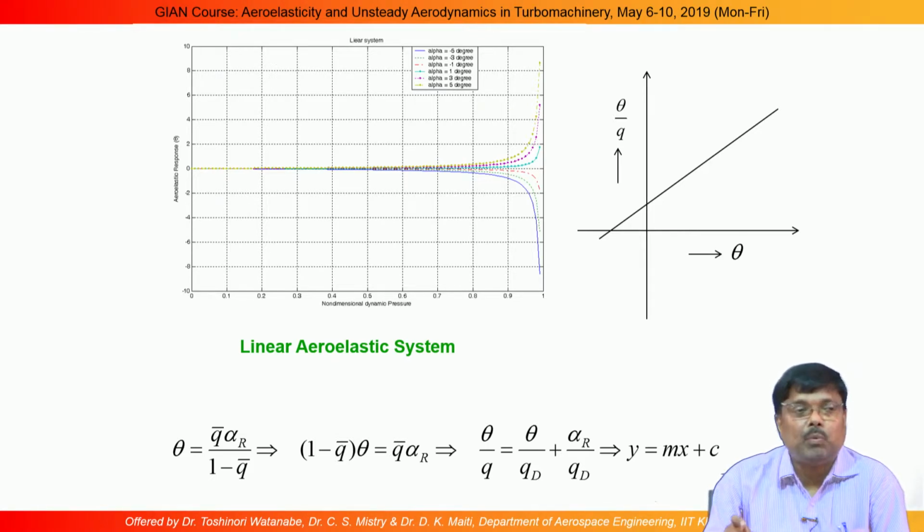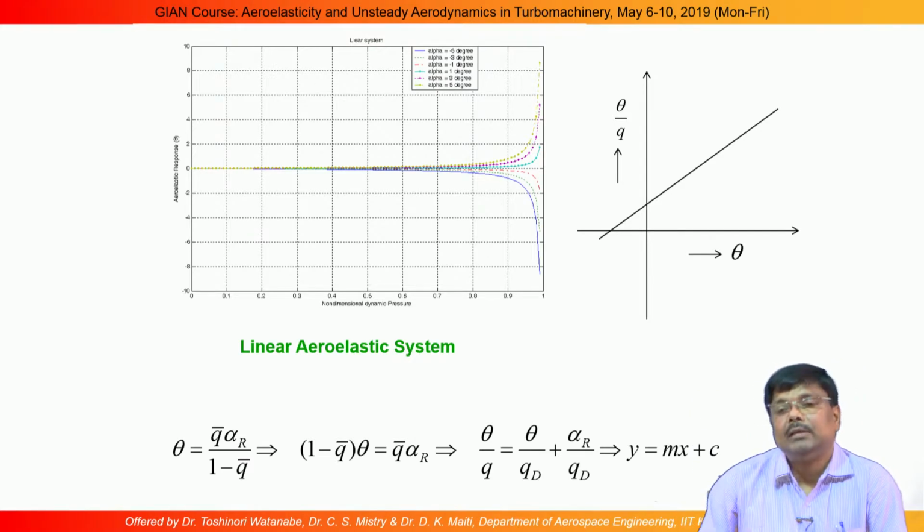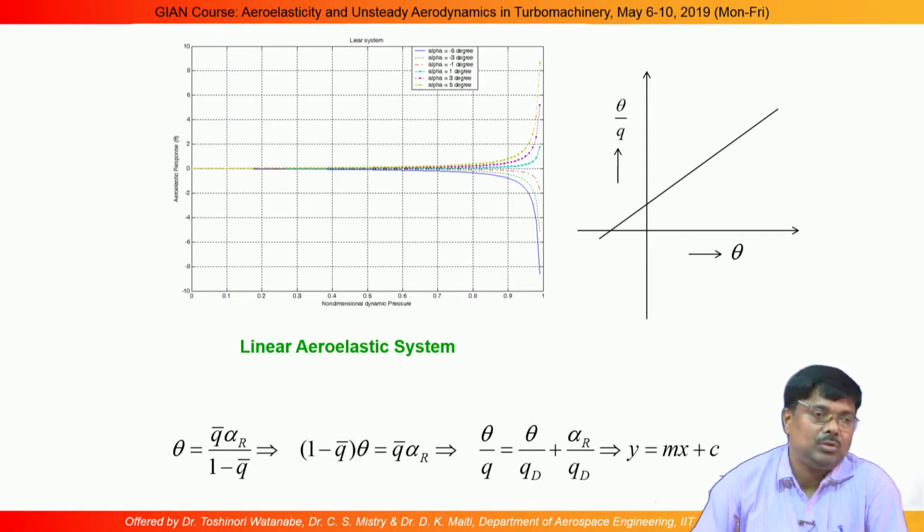If I plot these, the equation will be a straight line, and I can get the divergence dynamic pressure from the slope. That m is basically 1 by qd. 1 by qd is my slope. From there I can experimentally find the divergence dynamic pressure.